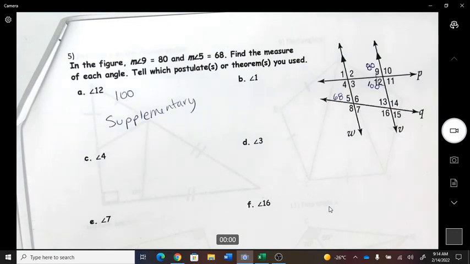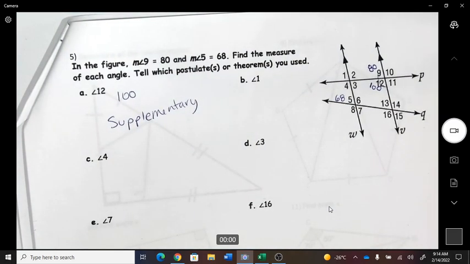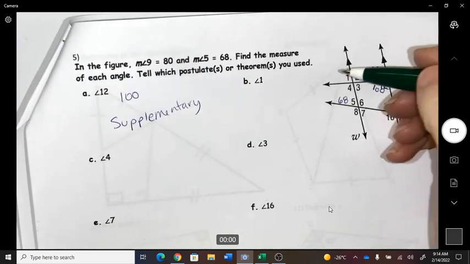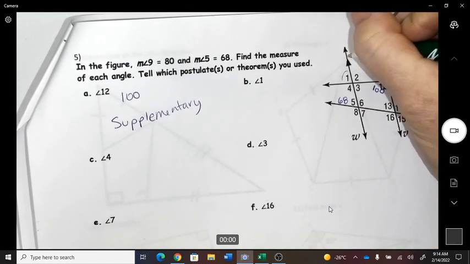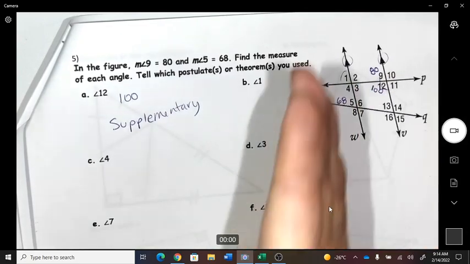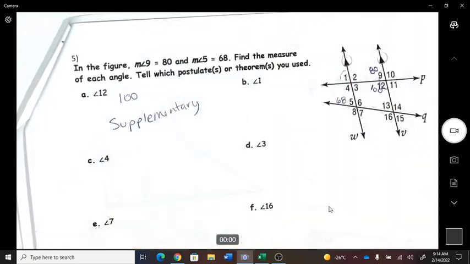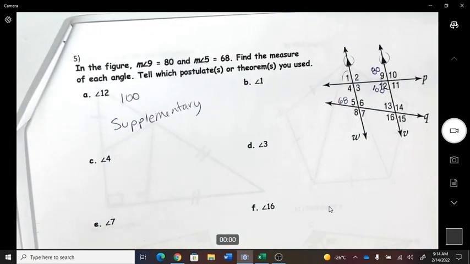Okay. Then I'm going to need angle 1. So what do these symbols mean here? Those two little arrows mean that those lines are parallel. So what do I now know about angle 1?